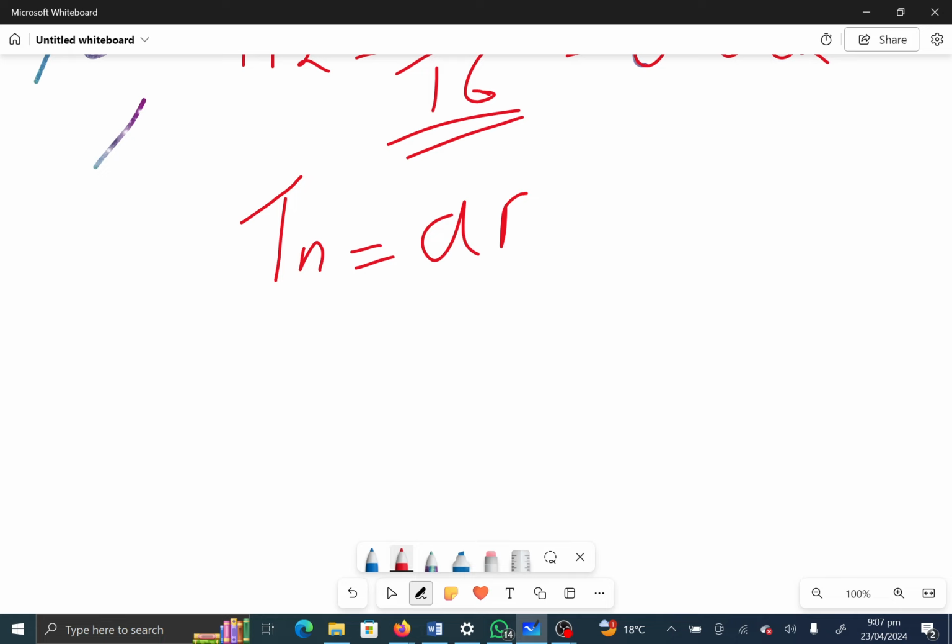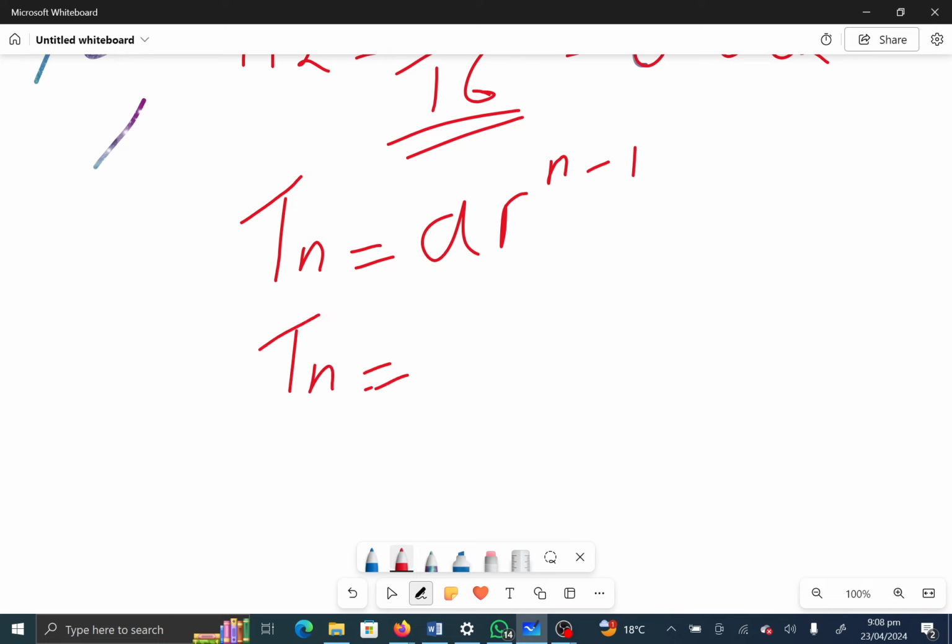We are told to find a formula for the nth term, meaning the term in this instance is not given, so we'll take the term as n the way it is.